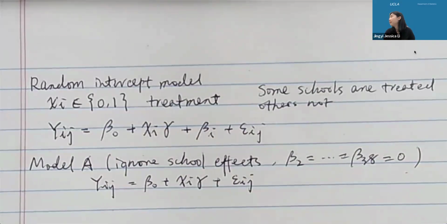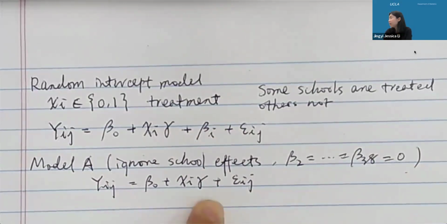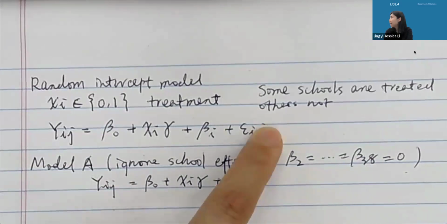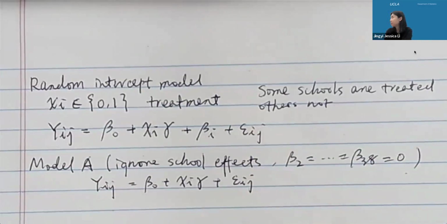Okay, what would be the effect? How do we get an estimate for the gamma? Actually, you can do it by linear regression, but we actually can come up with the same estimate for gamma using our intuition in a much simpler way. Here the school doesn't have effect. Then we can just pool the students across the schools under treatment, and also pool the students from the schools not treated. We take the difference of the 2 cohorts of students. That's it.